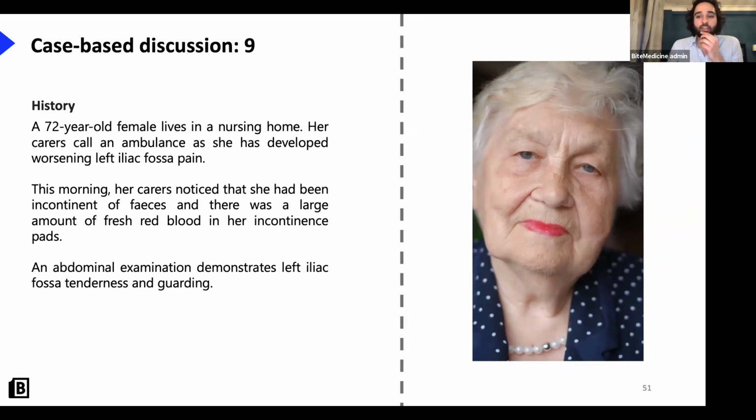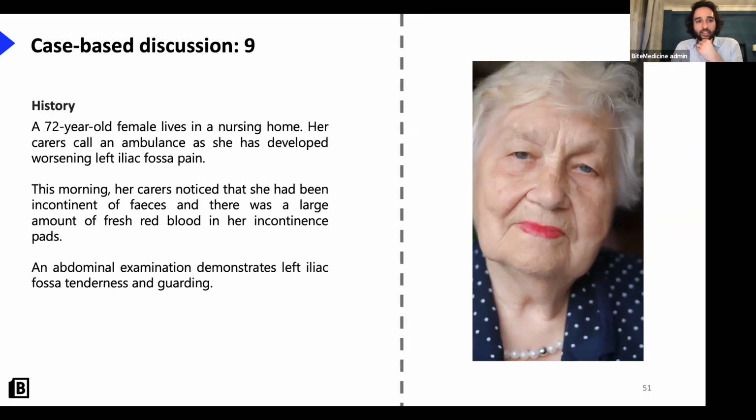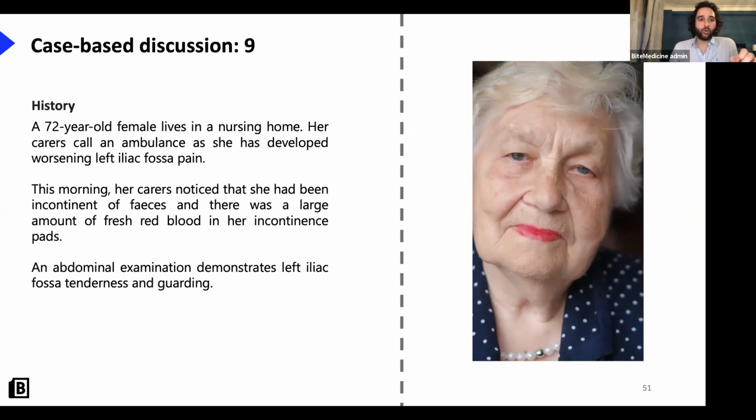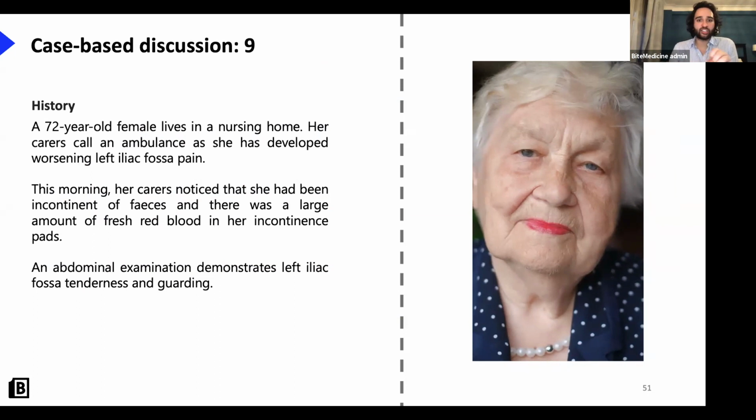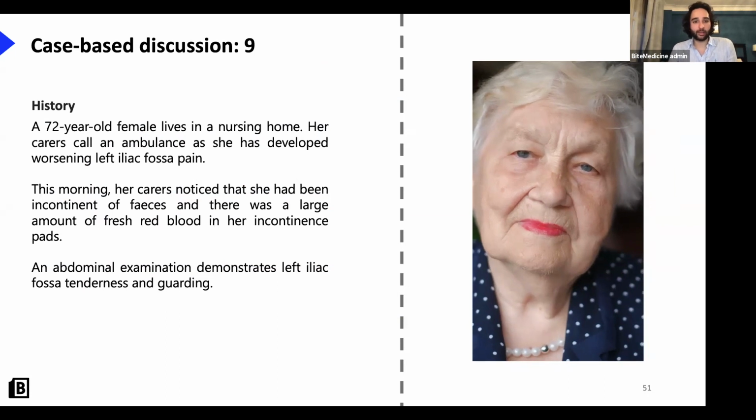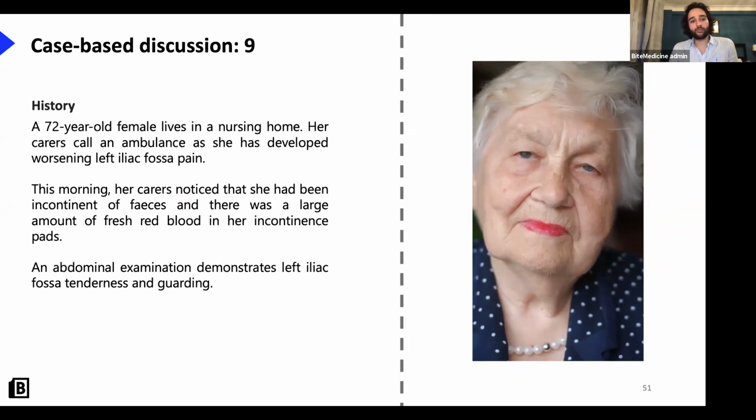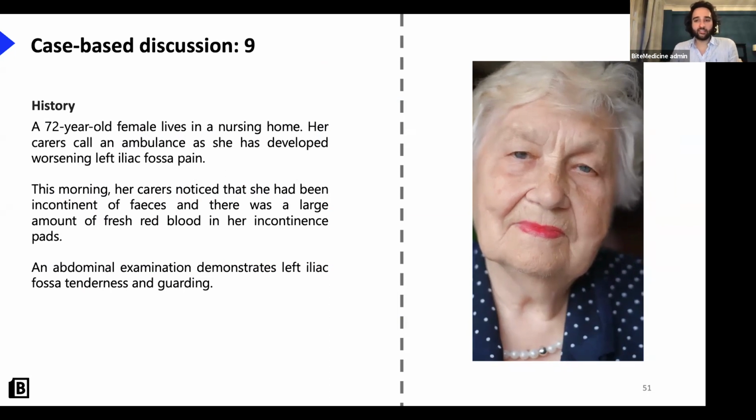She lives in a nursing home, and her carers call an ambulance as she's developed worsening left iliac fossa pain. This morning, her carers noticed that she had been incontinent of feces, and there was a large amount of fresh blood in her incontinence pads. An abdominal examination demonstrates left iliac fossa tenderness and guarding.